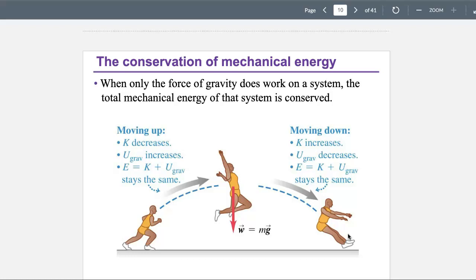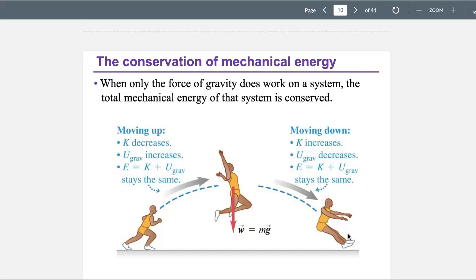Here I have an athlete jumping in the air, and initially we can consider the surface of the ground to be where UG equals 0, and then all the energy was kinetic, jumping with that velocity.